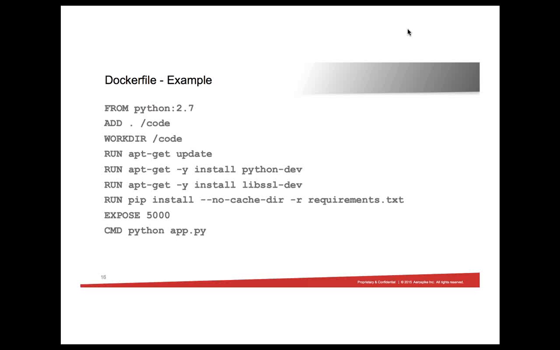We then add in our source code, and you can see a series of steps where we ensure that we're getting all the right packages installed on that image, so that we've got Python dev and SSL dev and so on and so forth. We can do regular commands. The next step is to install our Python dependencies. So you can quickly see how you can aggregate all of the dependencies, your code, and everything else you need to execute your application code within this definition.